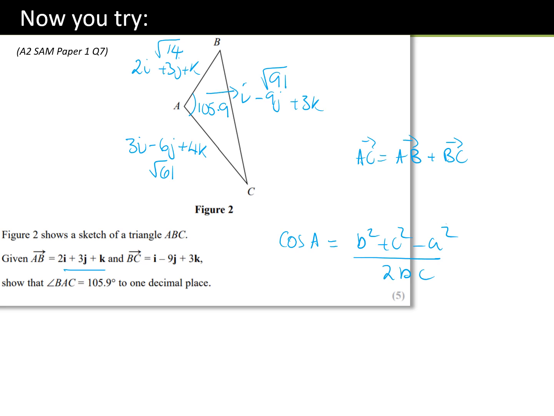So as long as this a is the one that you take away, then we're going to be using the 14 and the 61 because we need to square b, and if b is root 61, that squared is going to be 61 plus 14 minus the 91, all divided by 2 times root 61 times root 14, and if you put that on your calculator, it does come out to be 105.9 degrees.